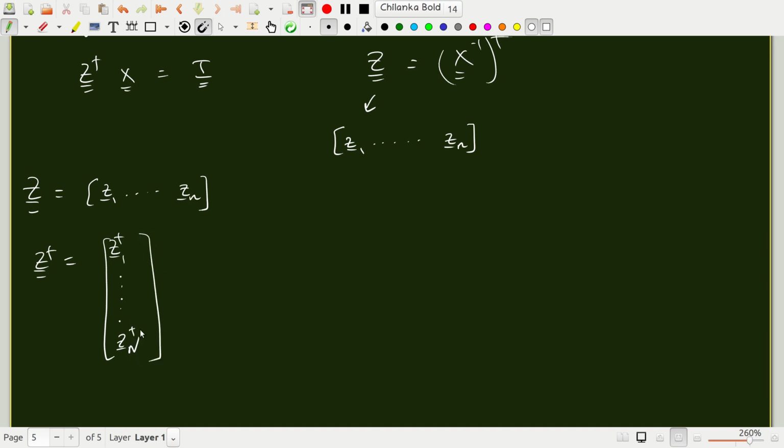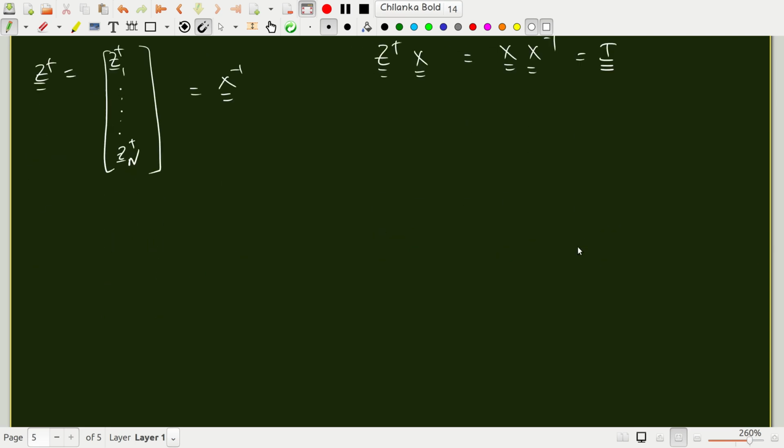Z dagger is nothing but X inverse. That's the definition, that's how we identified it. So Z dagger times X is nothing but X inverse X, because I post-multiply by X, is identity.